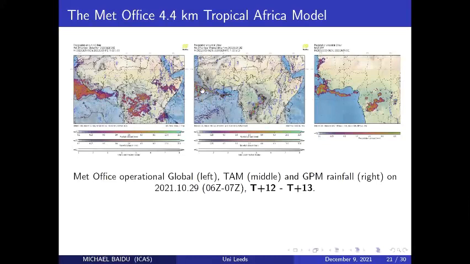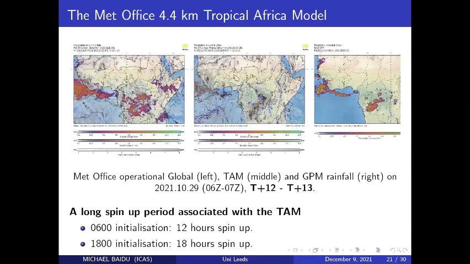Now, by using the high resolution model, the convection permitting Tropical African model is trying to address the problem of the global model, but it ends up with storms of higher intensities and storms of smaller sizes than the observed. One other interesting thing about this Tropical African model is the spin-up problem.